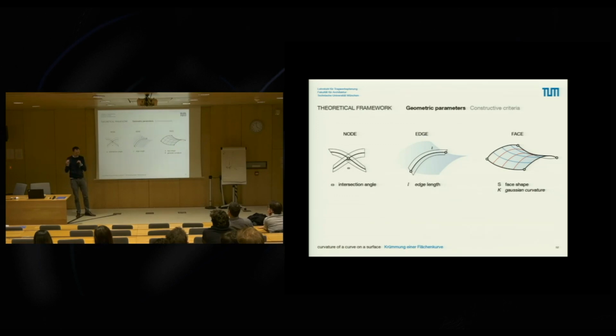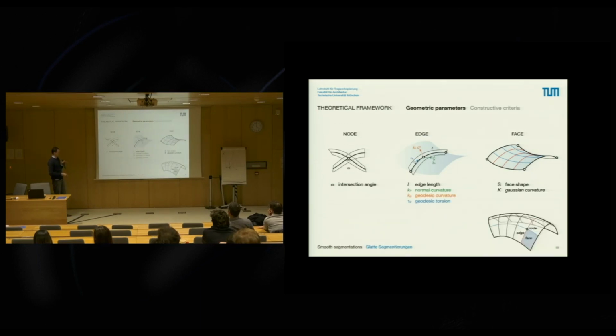That's not one value, but a more complex parameter to define. Now, when you look at smooth segmentations, you get these three extra parameters that I just explained, the curvature parameters of that curve: the normal curvature, the geodesic curvature, and the geodesic torsion.